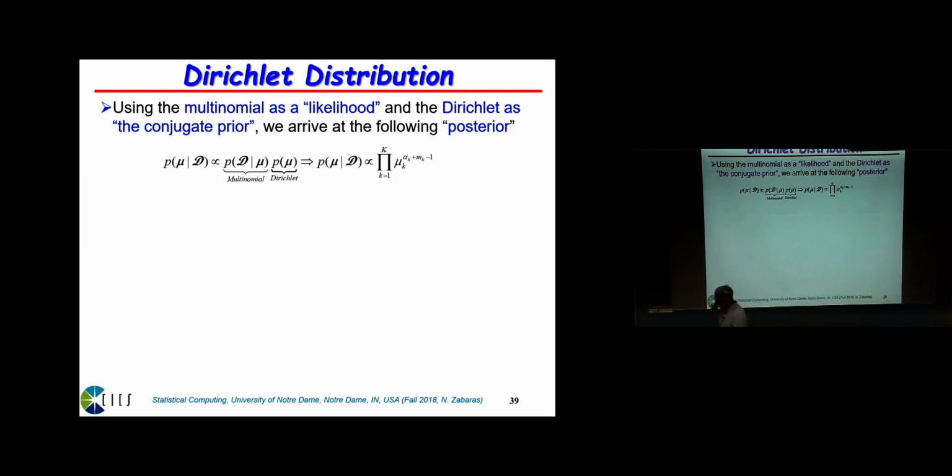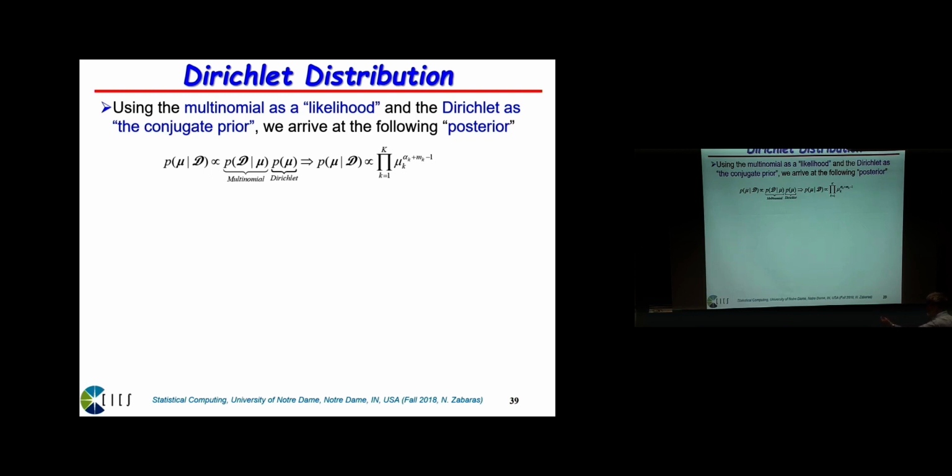Anybody remembers what's the multinomial distribution? It's a generalization of the coin experiment, right? You can think, I have these capital K variables, and each of them is on with probability mu1 or mu2 or mu3. And I do lots of experiments. The first experiment, variable 2 is on.